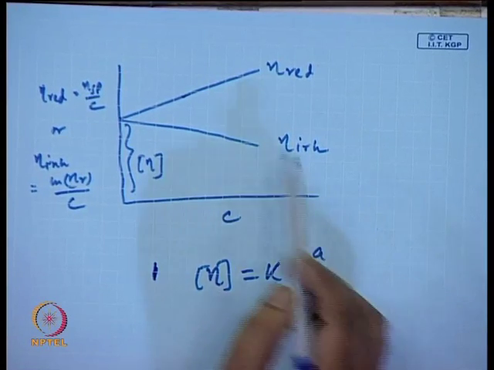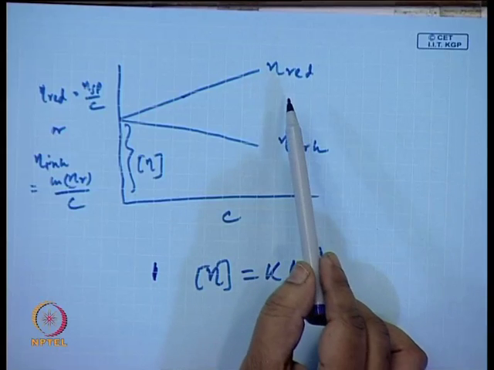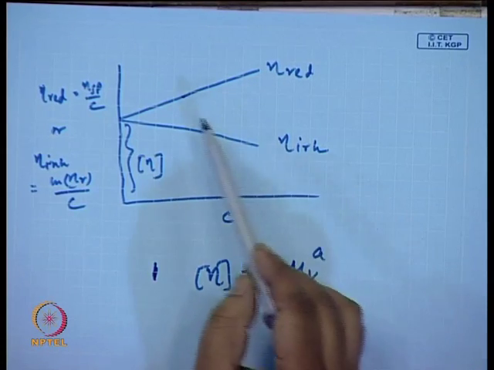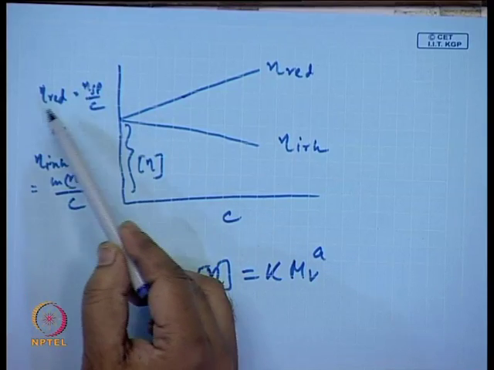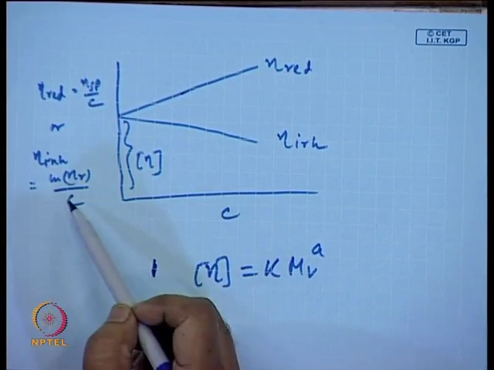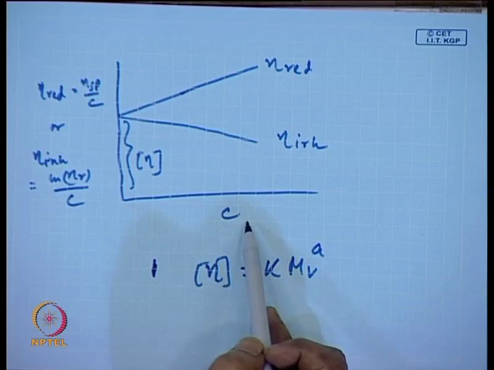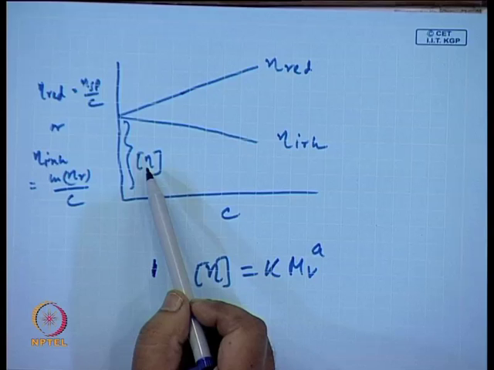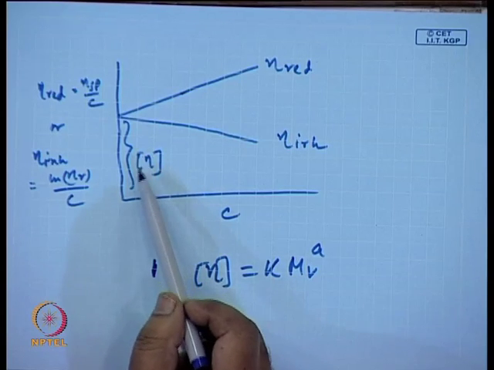Now, using either this Huggins equation or Cramer equation, you can plot either the reduced viscosity or the inherent viscosity with the concentration term to get the intrinsic viscosity experimentally. So, this is in your hand.